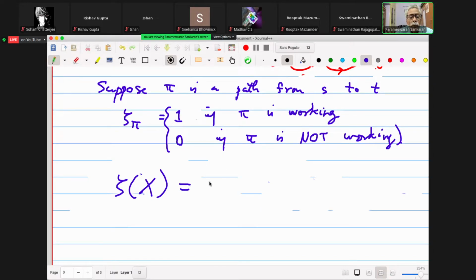This is equal to 1 minus product of indicator functions pi not working.